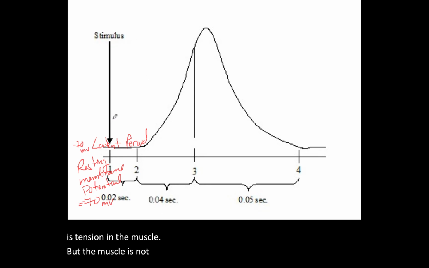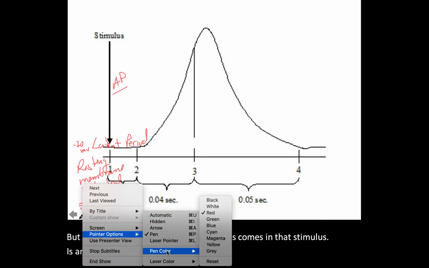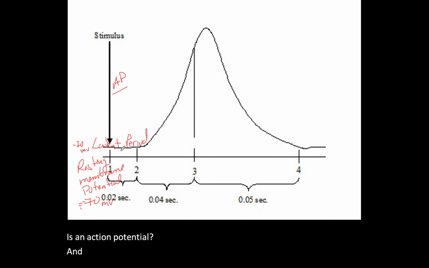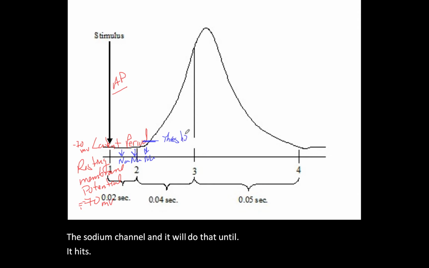Right? A stimulus comes in. That stimulus is an action potential. And it begins to have sodium crossing the sodium channel. And it will do that until it hits threshold at negative 55 millivolts.